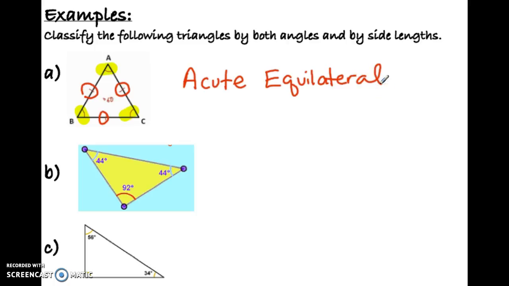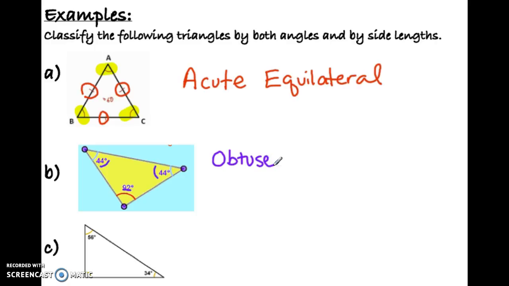Okay, B might look a little bit trickier. In B, if we just classify it by the angles, first of all, notice there's a 44-degree angle, a 44-degree angle, and then here we've got a 92-degree angle. So since there's 1 obtuse angle, that 92-degree angle, we're going to call this an obtuse triangle. Now we have to check the side lengths. There's no markings here, so you have to know something special.